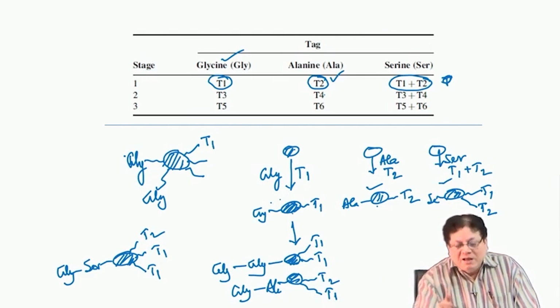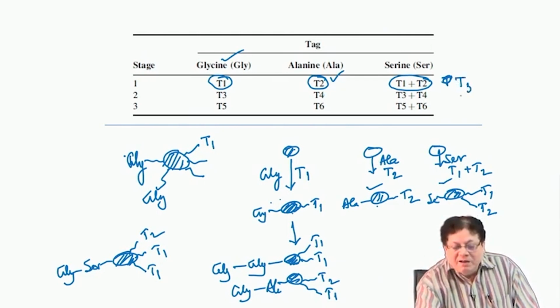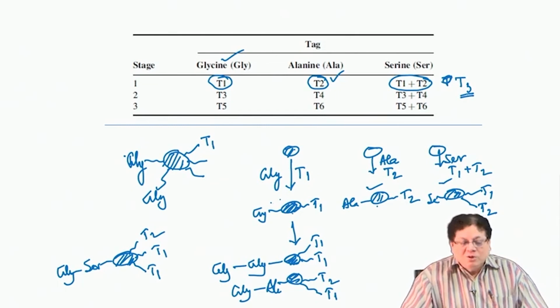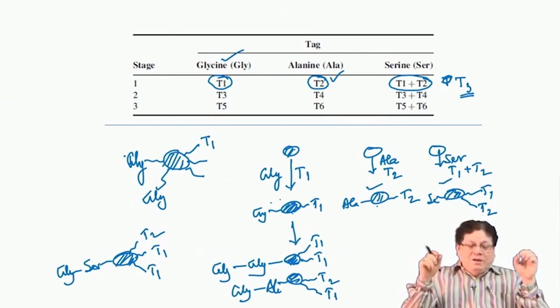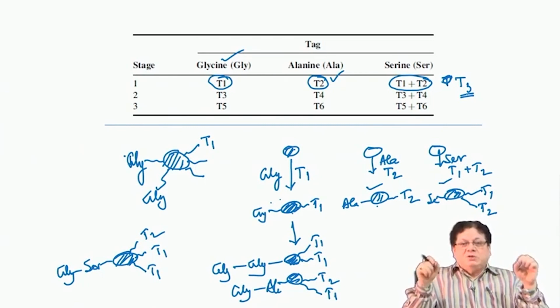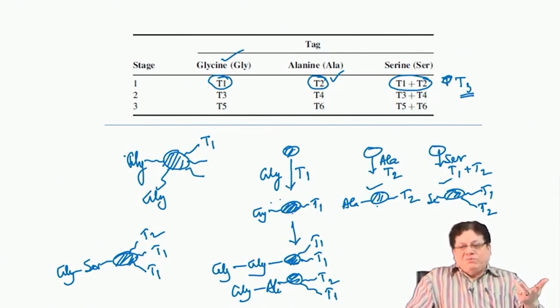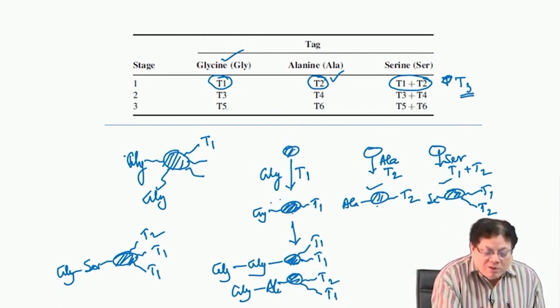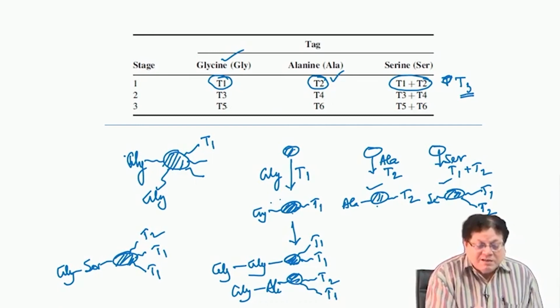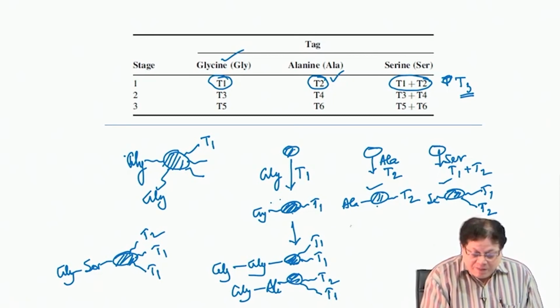You are not adding another extra one here, T3. So, that means if you want to discriminate between three reactants, three substrates, in this case glycine, alanine and serine, you need two tags. One is a separate tag for glycine, a separate tag for alanine, and a combined tag, T1 plus T2, for the serine.